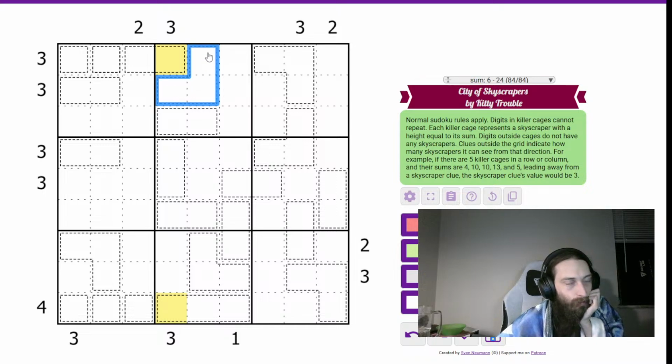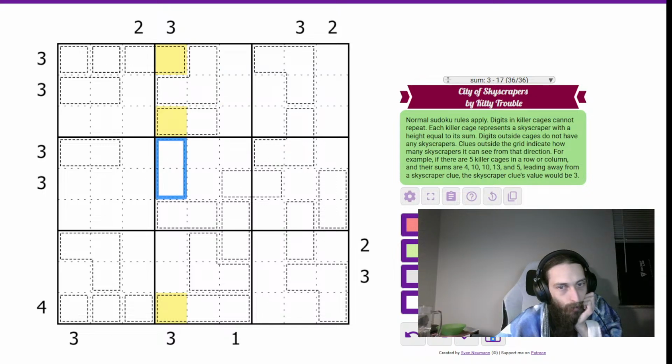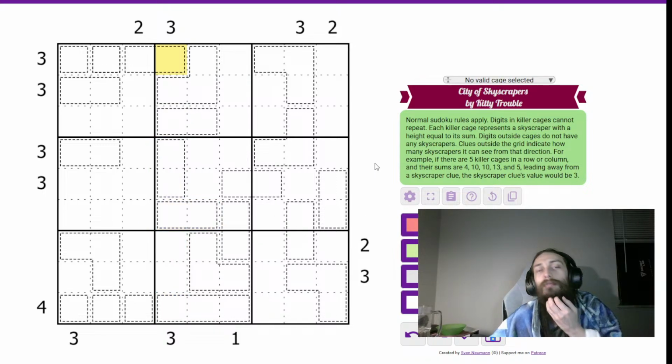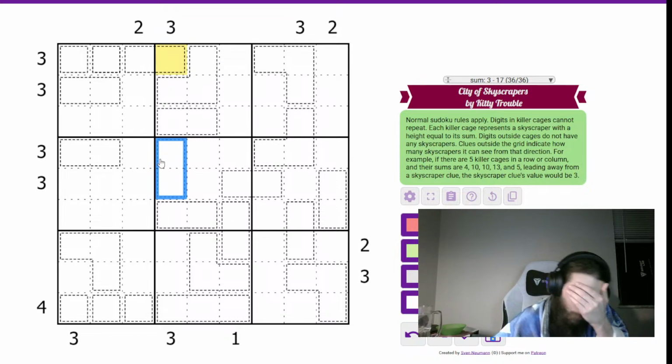Now, maybe I don't see the second one, in which case I would see the third one and the fourth one, and then from the bottom I would have to see 1, 2, 3. So one of them is not visible from its side. Because if I see the bottom 3, then this one would be the largest, which means this one sees it, which means it doesn't see all 3 from this side.